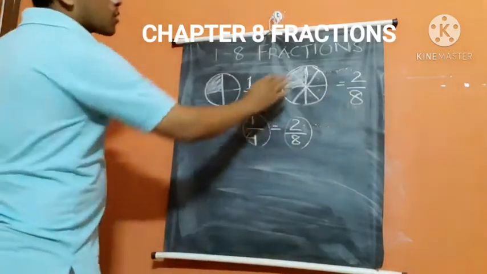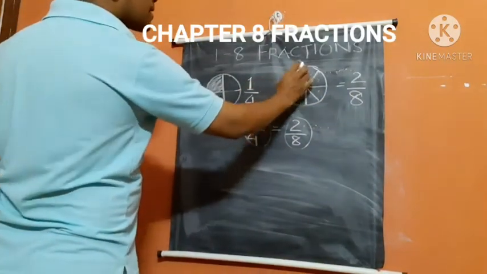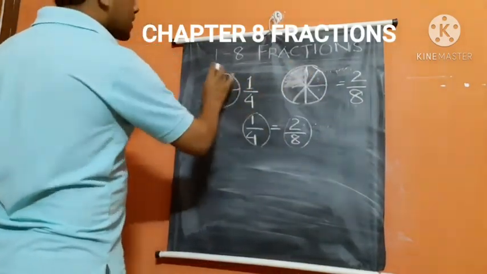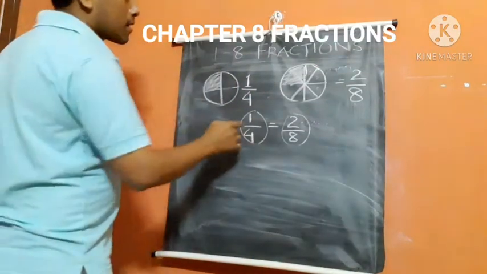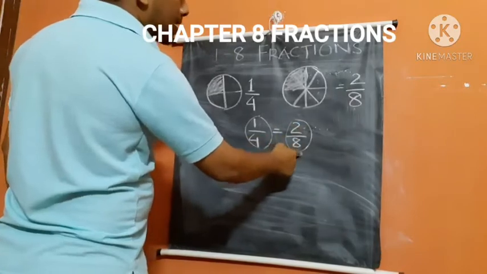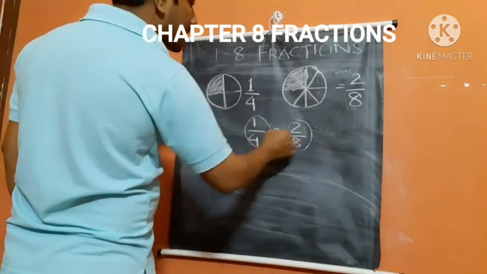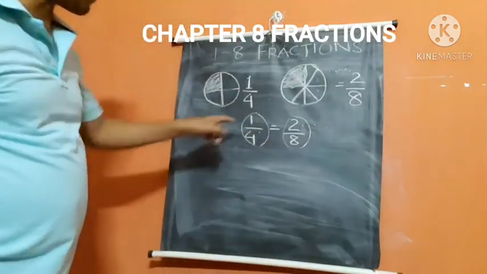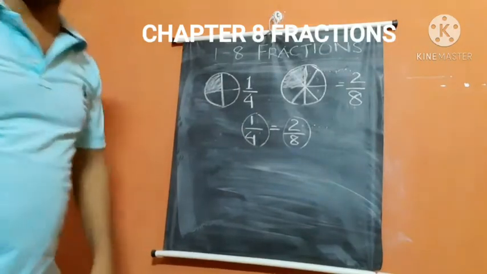So here you can see the value. The same portion is shaded here also. So we can write 1 by 4 is equal to 2 by 8. So 2 by 8 is the equivalent fraction of 1 by 4.